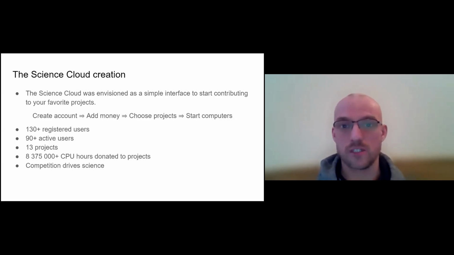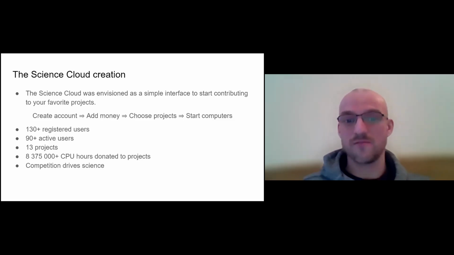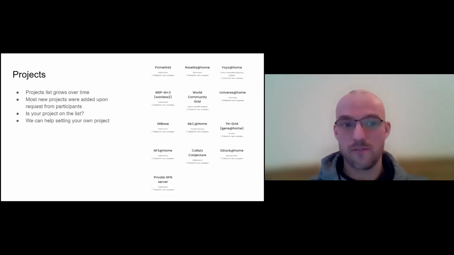We run, for example, PrimeGrid challenges where people drop literally thousands of dollars into cloud compute resources just to find that next prime number and be at the top of the leaderboards. And it really drives science. So that's good for everyone.